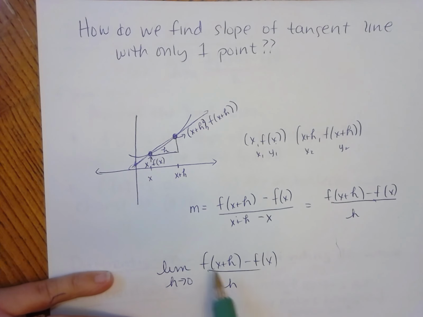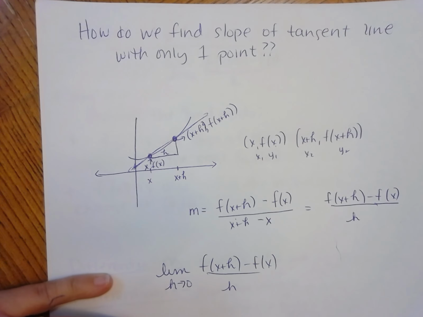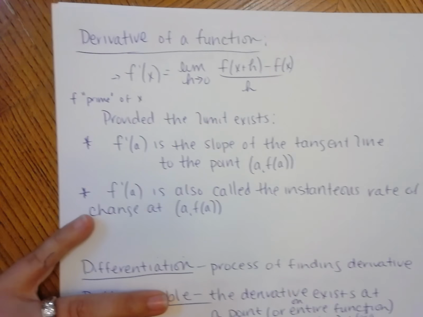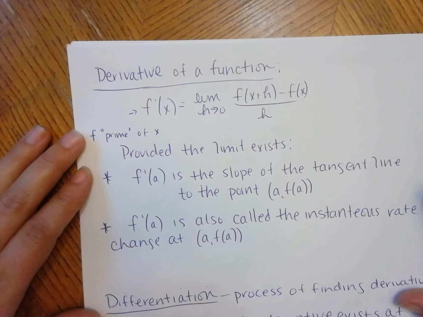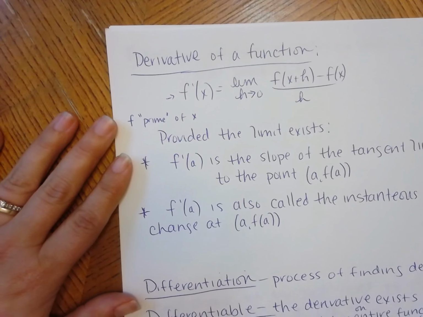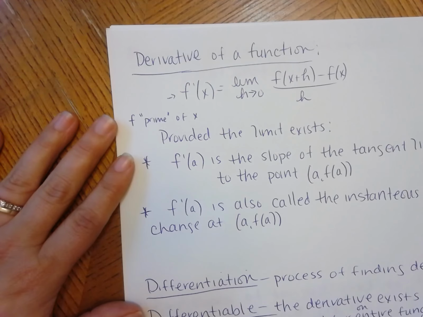Okay, so this is a new term for some of you, I know. But the slope of the tangent line is really the same thing as the derivative at that point. Okay, and so let's just quickly run through a couple of technical things. This is what we call the derivative of a function.